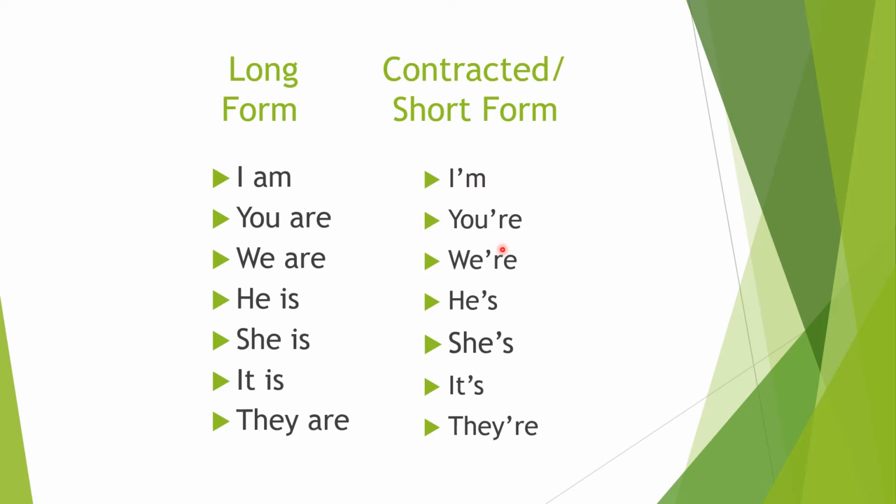Whenever we use the short form, we put an apostrophe. I am: I, apostrophe, am. This 'm is the short form of I am. So as you say, I am going there, this is the long form.